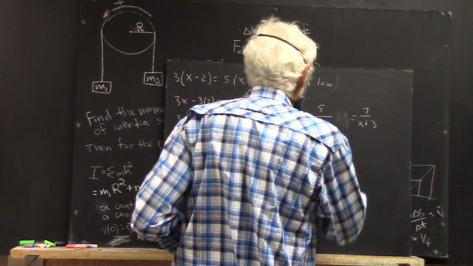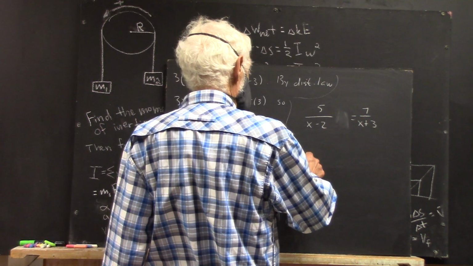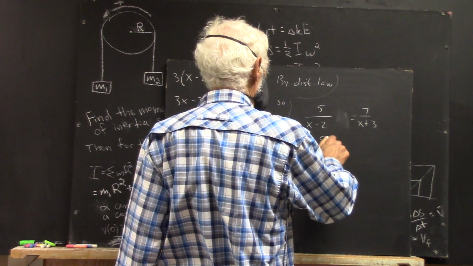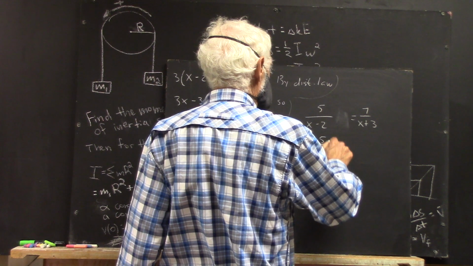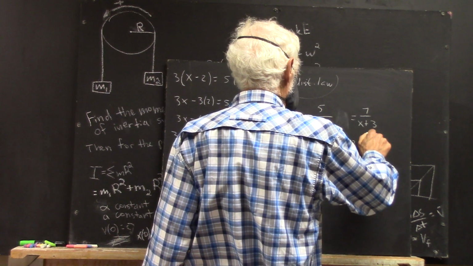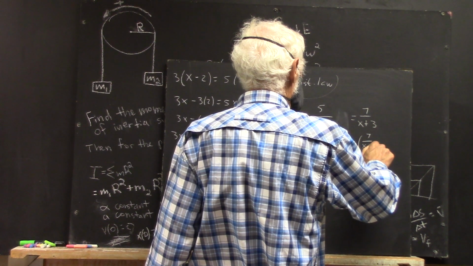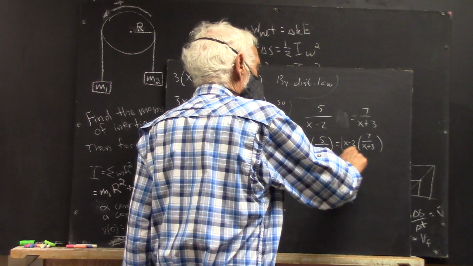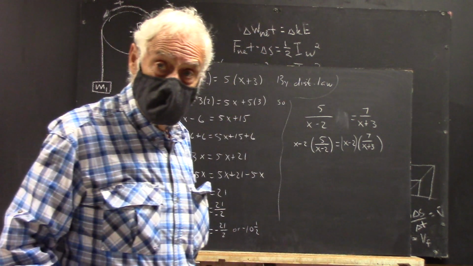Okay, so let's multiply both sides by this denominator. Okay? This has to be so.